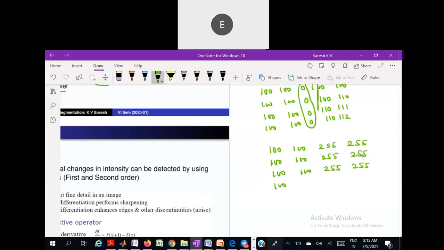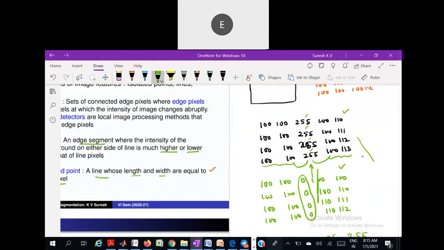Can somebody tell me in what way this is different from a line? Anybody? In what way is this different from a line? These two are for a line.